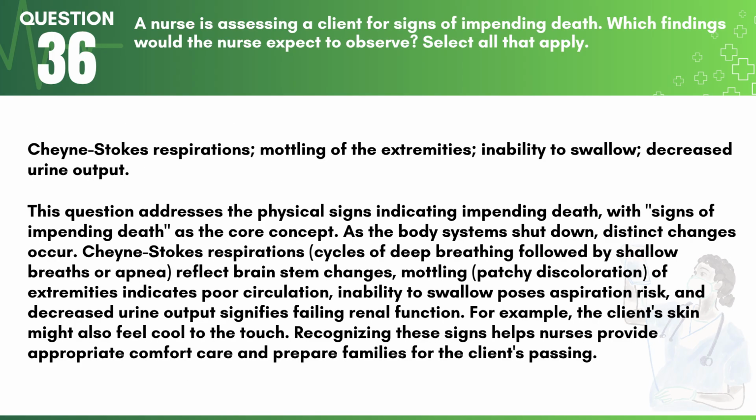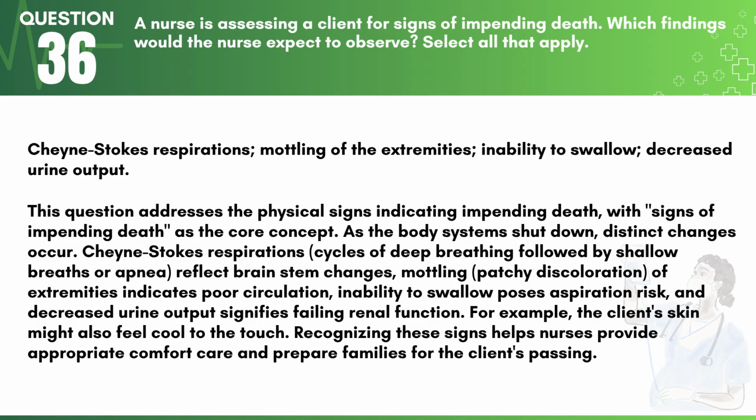Answer. Cheyne-Stokes respirations, mottling of the extremities, inability to swallow, decreased urine output. This question addresses the physical signs indicating impending death. As the body systems shut down, distinct changes occur. Cheyne-Stokes respirations, cycles of deep breathing followed by shallow breaths or apnea, reflect brain stem changes.